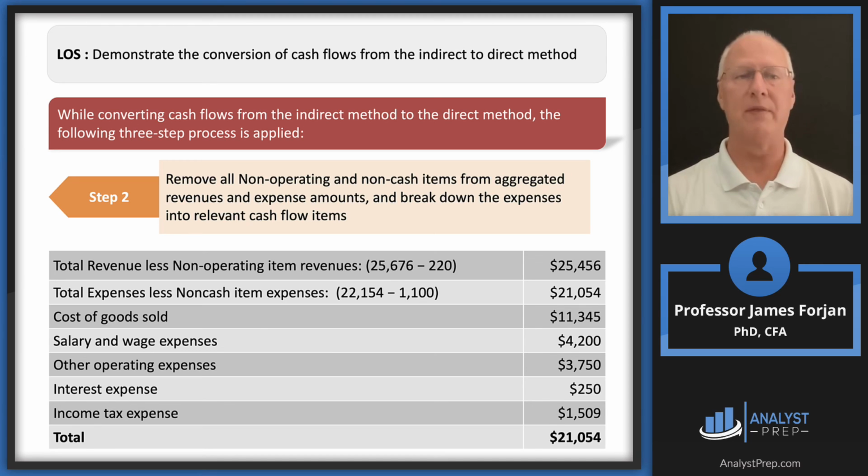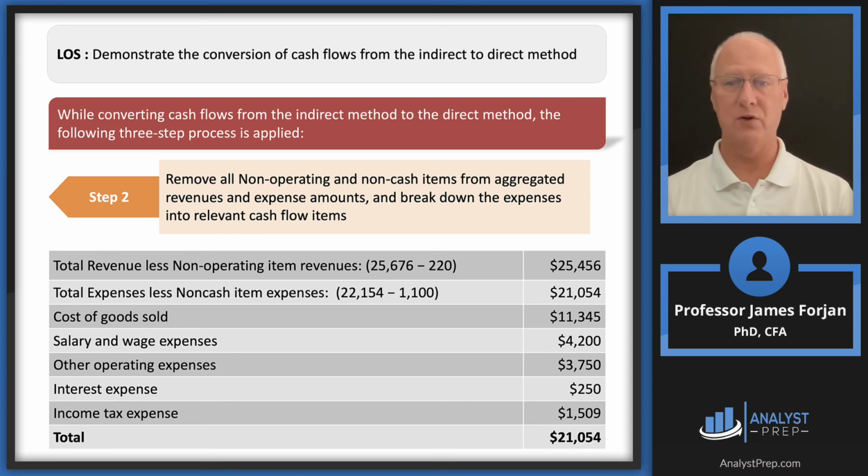So that's what we do at the top. First, we remove non-operating: the 25,676 minus the 220, right? We did the 220 earlier. So that gets us 25,456. The total expenses, less those non-cash items, right? There's that 1,100. So that gets us to 21,054.